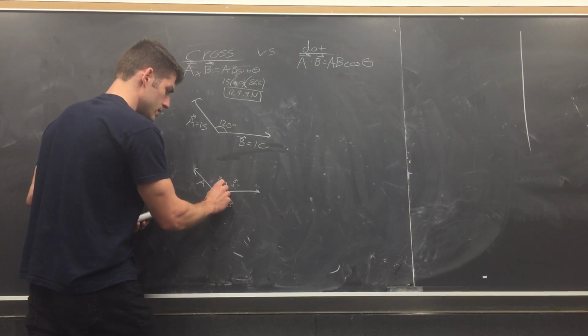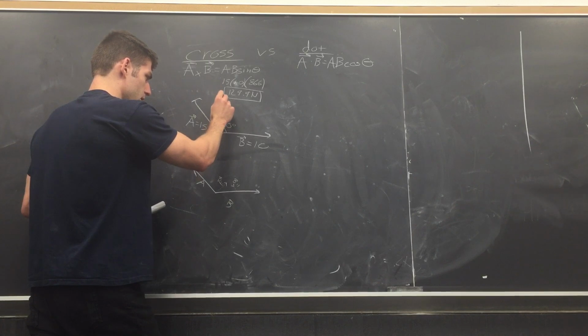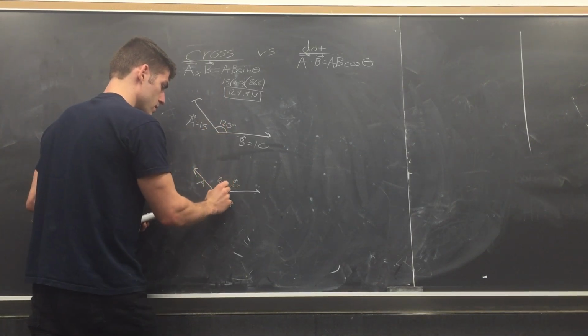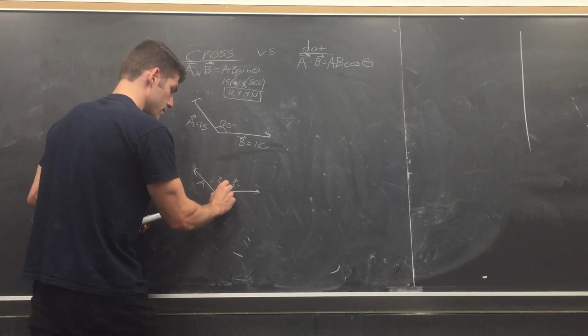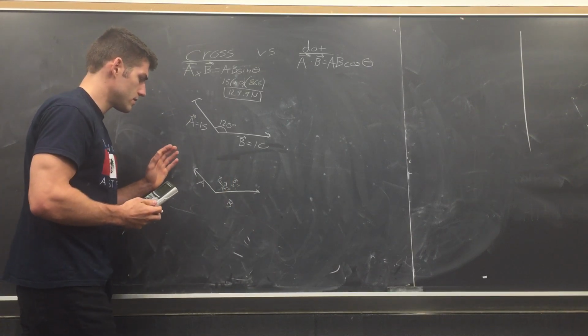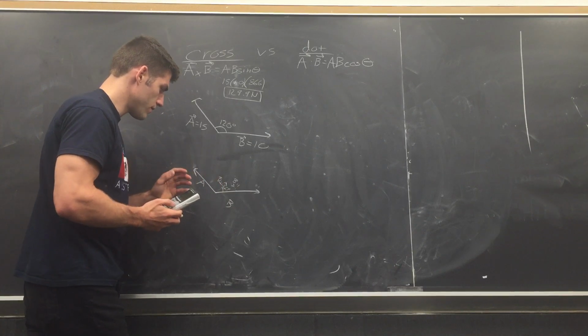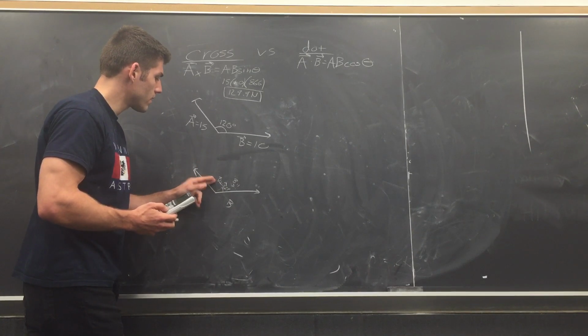So if we solve for B perpendicular, this is 120, that's 30, which means this is 60 degrees.